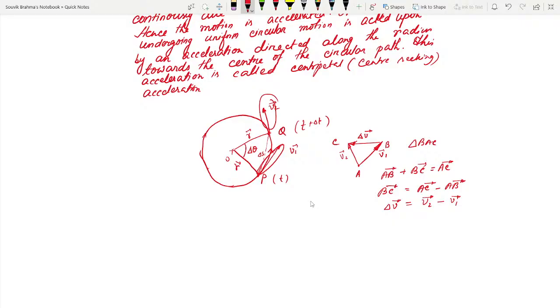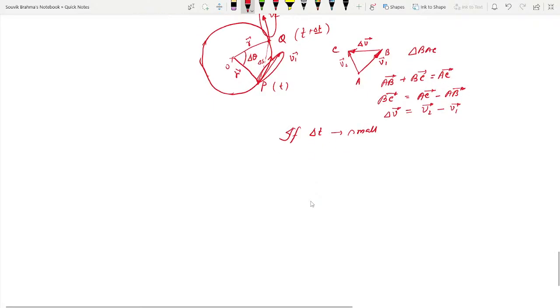Now if this delta t, you see the change of the time, it is from t1 to t1 plus delta t. So if delta t is very small, then the chord PQ, which one is the chord?